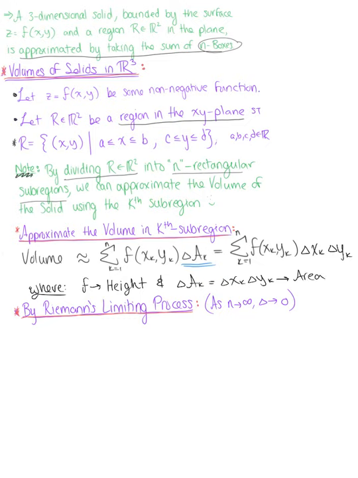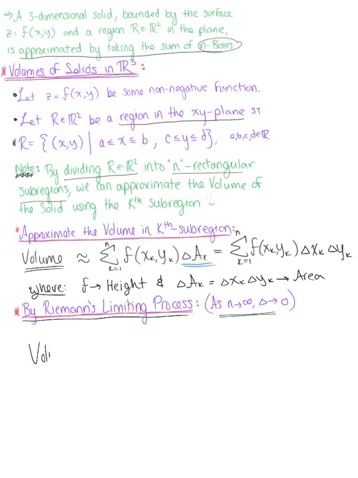So we know that length times width times height gives us the volume. And again, this isn't sufficient. We want the exact volume. We don't want an approximate volume. So to find that exact volume, we apply Riemann's limiting process. So again, we keep in mind that as n approaches infinity, the area of our subregion approaches 0.